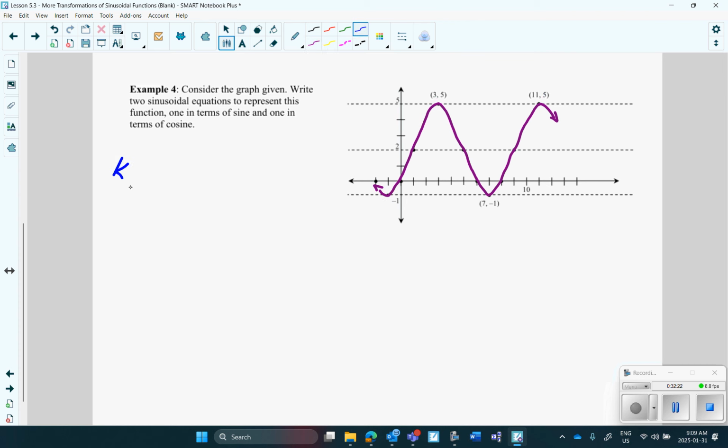So K would be 2. A would be, careful, the distance from the mid to the max. 2 to 5 is 3. B. Well, let's start with a sine.